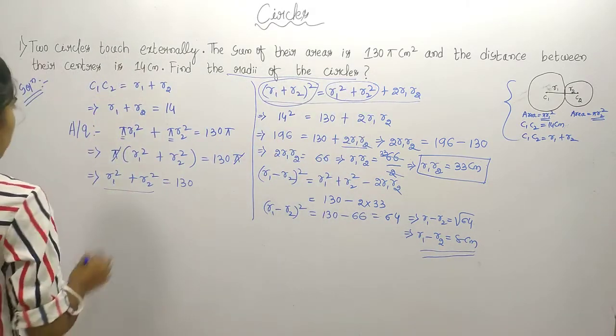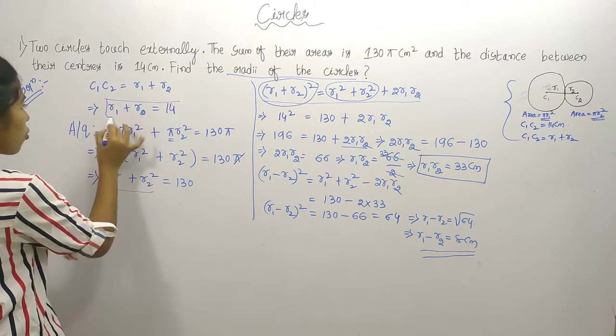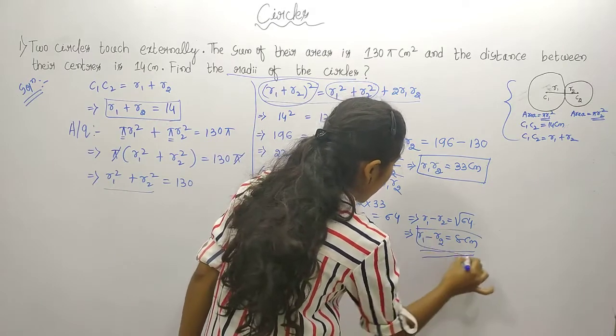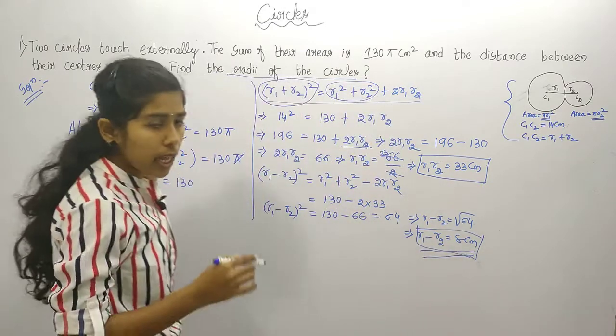Here you brought r1 minus r2 equals 8 cm. Next, r1 plus r2 equals 14 and r1 minus r2 equals 8. Now you can easily find the radius.